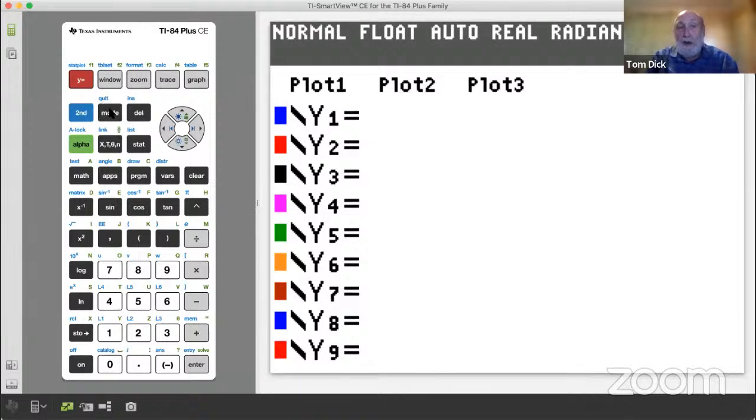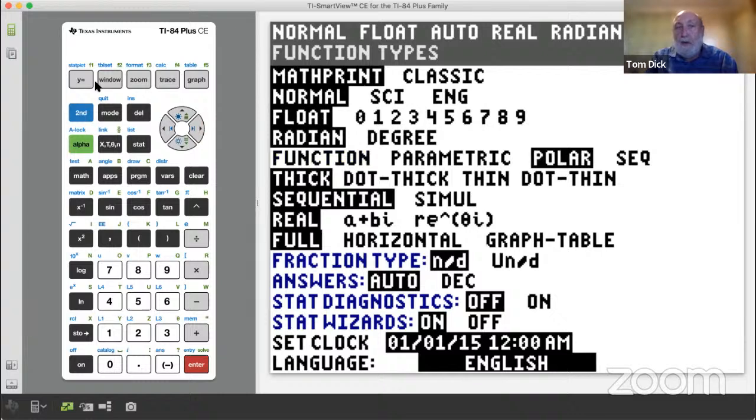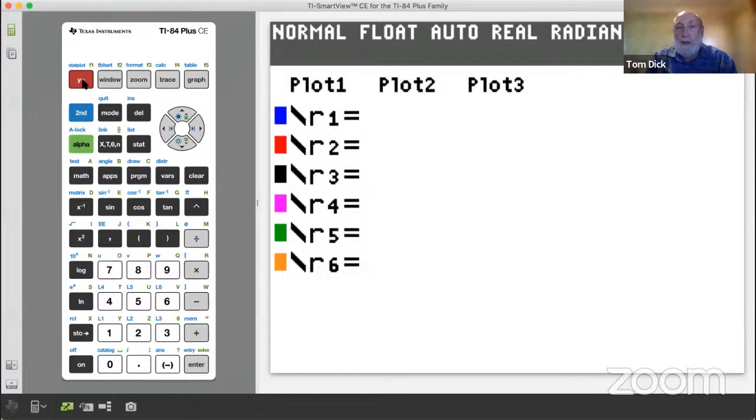So I'm going to hit the mode key. On that fifth line, you see function in bold. Let's arrow down and move over to polar. When we go back to the Y equals menu, it looks quite a bit different. Now we've got R1, R2, R3.